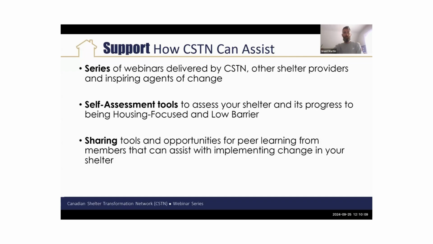And as I mentioned earlier, we have a resource tab with a lot of tools hosted on the website, from how to respond to encampments to practices that you can introduce into your shelter. So all kinds of stuff, with examples from different communities across Canada and the United States.